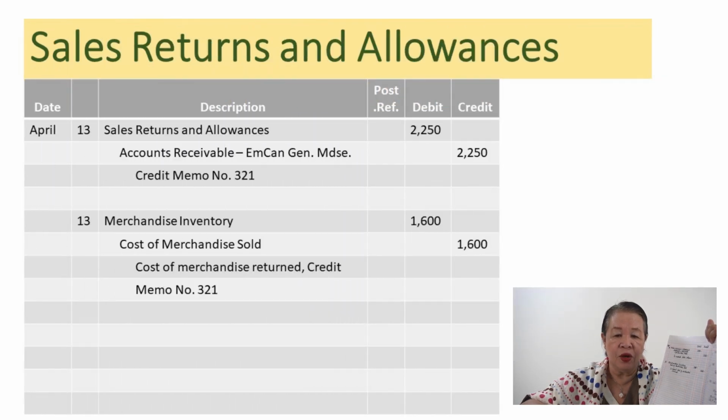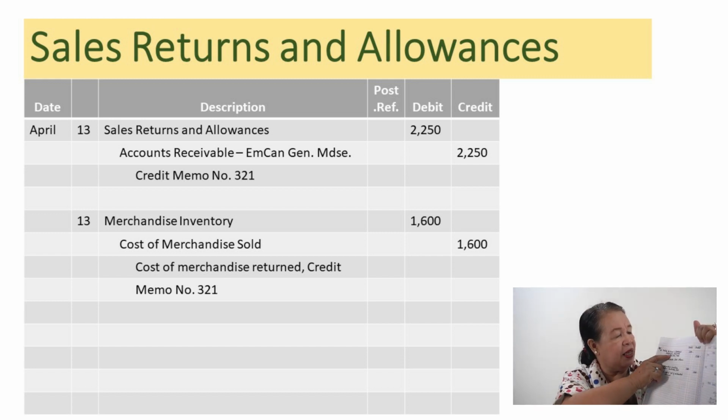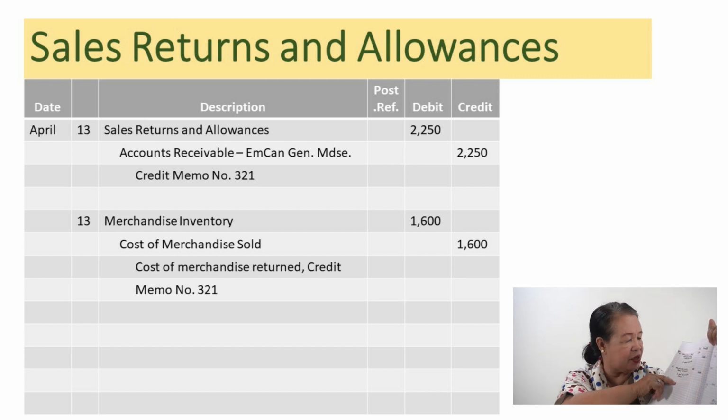Okay? So, paano po natin i-record yung sales returns na yan? Debit sales returns and allowances, 2,250. Credit accounts receivable, 2,250. Bakit? Kasi accounts receivable natin yun noong binenta pa natin kasi hindi pa nagbayad, no? So, to record sales return, yun po yung ating explanation.